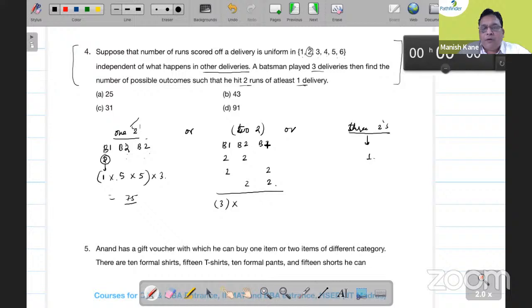It is ball number 3 in the first case, ball number 2 in the second case, and ball number 1 in the third case. They can be selected in 5 ways. So you can have 15 different scores here, 15 ways of scoring. So what is the total? 75 plus 15 plus 1. All in all, there are 90 ways of getting a score.